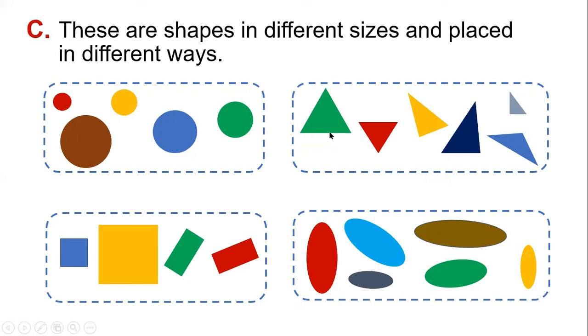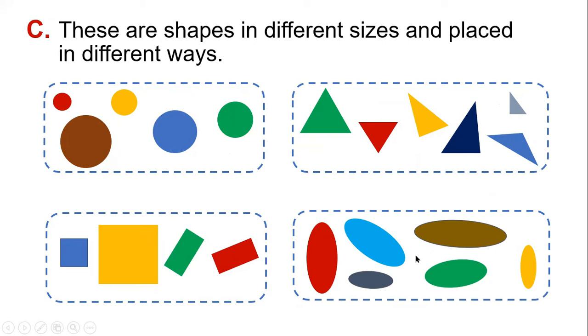These are triangles. Some are big, others are small. These are quadrilaterals. Some are big and others are small. And these are ellipses. Some are big and others are small. So note that shapes can be in different sizes.